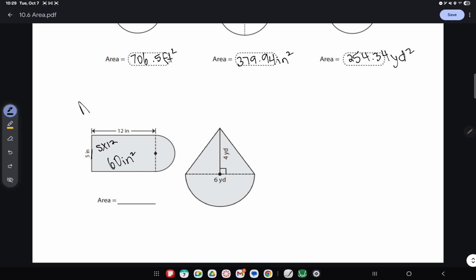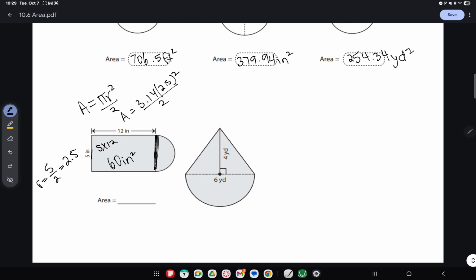So I can do the area of a circle. So area is pi r squared. But I have half a circle, so I can divide it by 2. I know the diameter. It's the side of the rectangle. So the diameter is 5, which means the radius is 5 divided by 2, which is 2.5. So the area is 3.14 times 2.5 squared divided by 2.